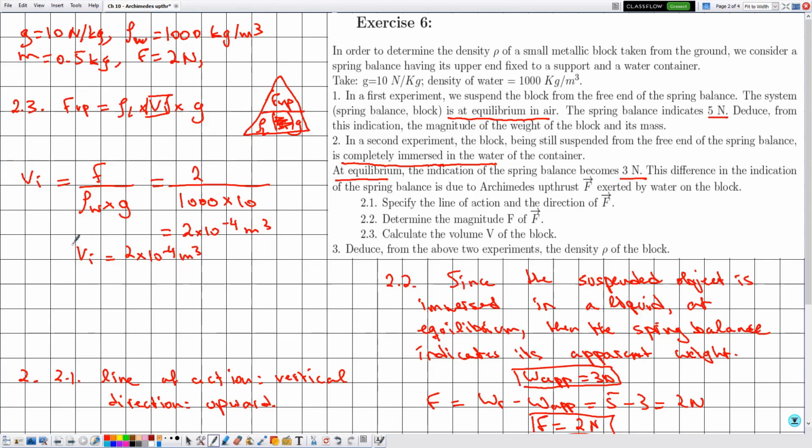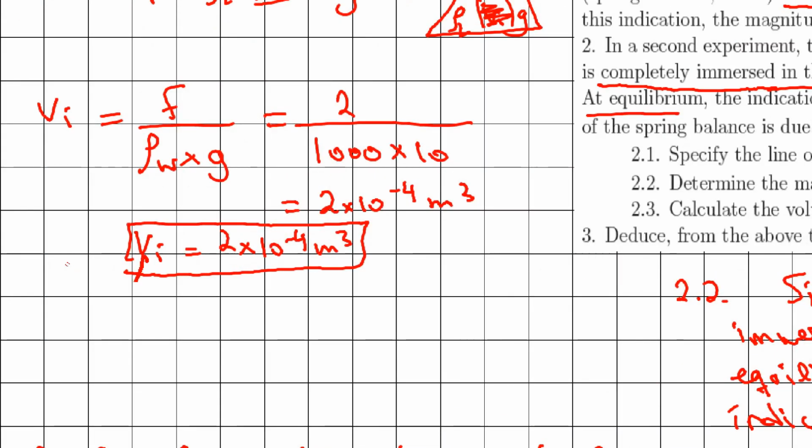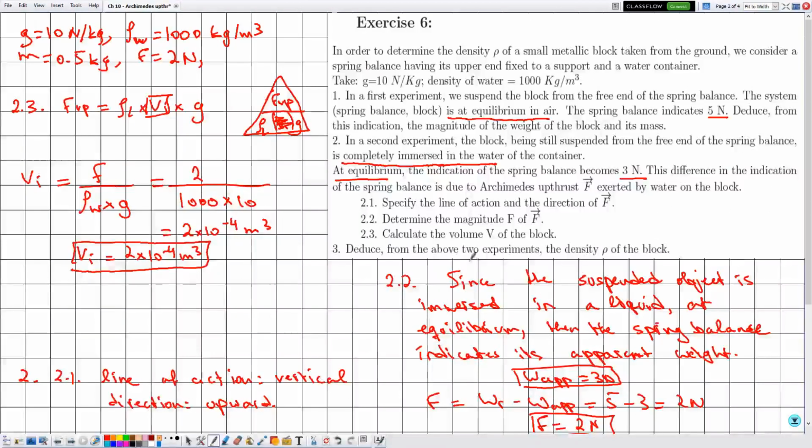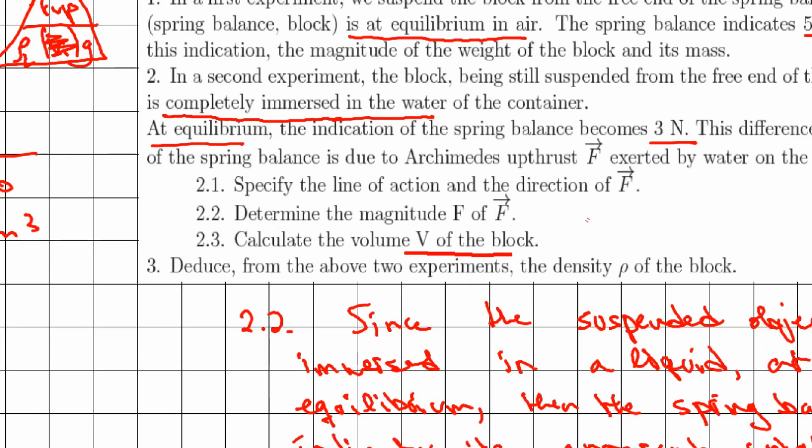And this is important, that this volume represents the volume of the immersed part. So we didn't answer the question because they are telling me to determine the volume V of the block.